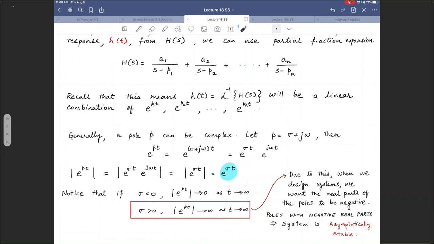Think of a pendulum that is hanging from the ceiling. As time goes to infinity, what happens? If you don't give it any new input, any new movement, any new force, what is going to happen? The pendulum is going to settle down and the output is going to eventually become 0 because it's going to stop moving. That is stable behavior.